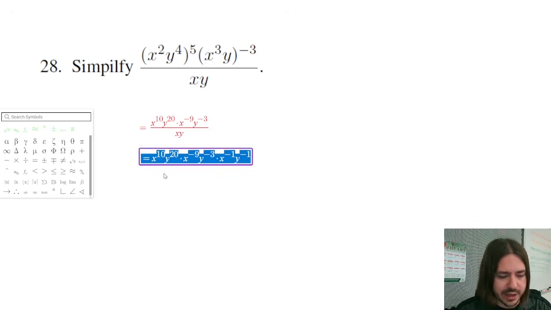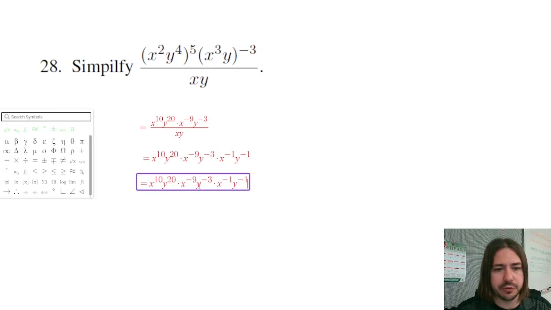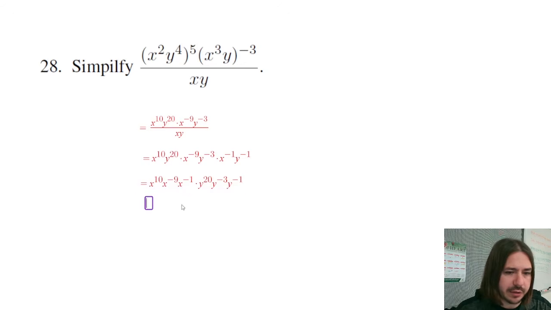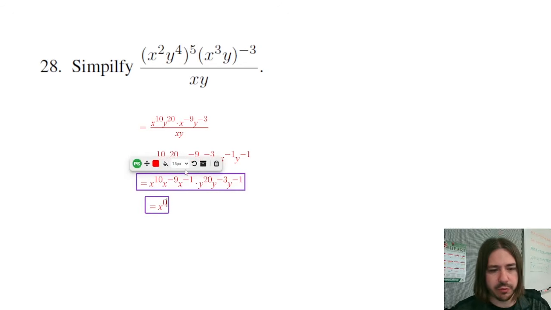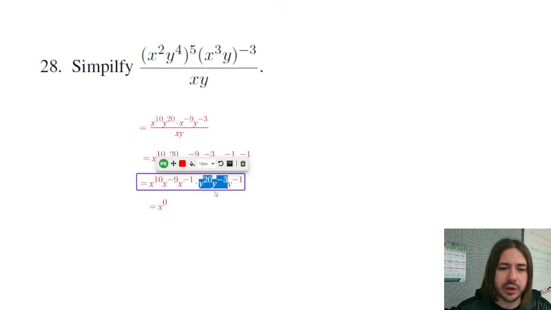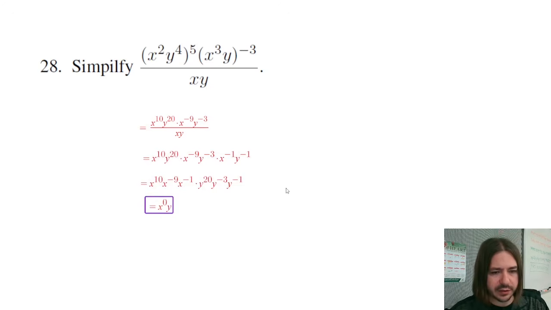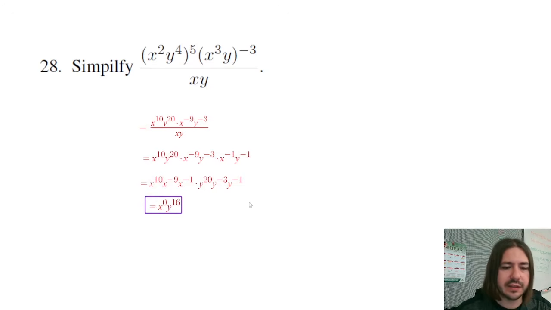So if I look at all my x's, and maybe it would be helpful if I just regroup them, now you can see that I've got x to the 10th, x to the negative 9th, x to the negative 1st. You want to add all those up, and we get x to the 0th, which does end up being 1, so I'll take a note of that on the next step. Y to the 20th times y to the negative 3rd times y to the negative 1st would be y to the 16th. And since anything to the 0th power equals 1, this is just going to go away, and so our answer is y to the 16th.